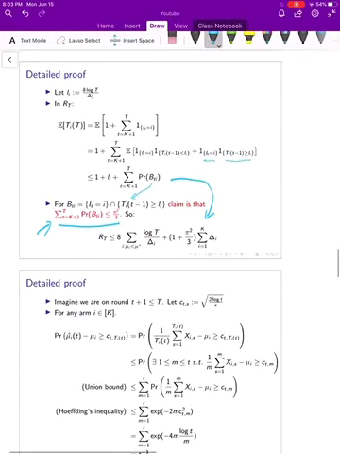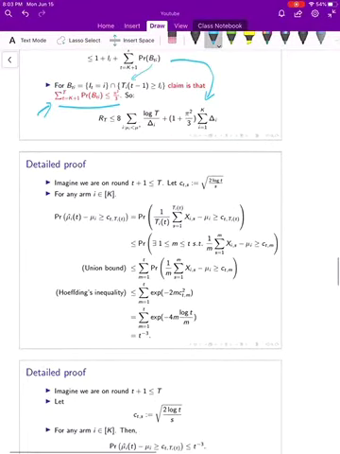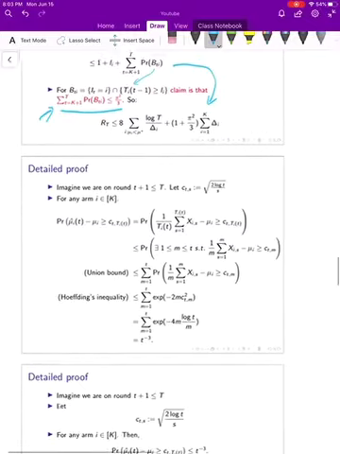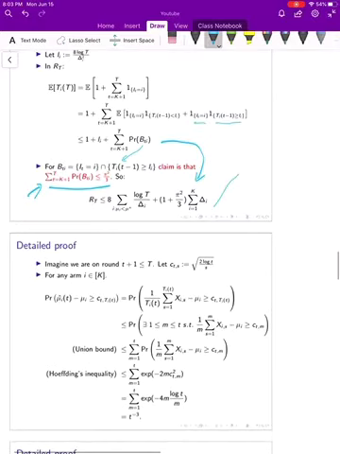So now towards proving this claim, notice that we haven't used any tools which I mentioned earlier until here. So Hoeffding's inequality comes into picture for this term. That is because we are conditioning on the number of times the arm I has been pulled to be greater than some constant.